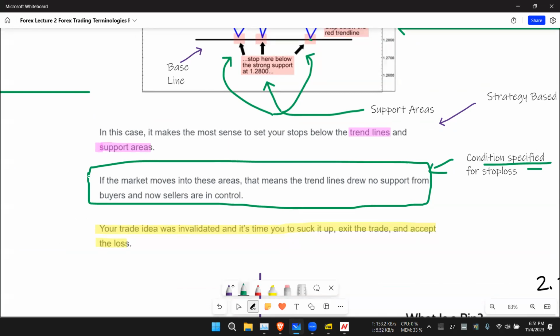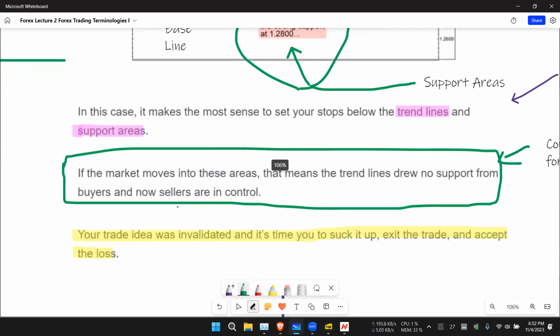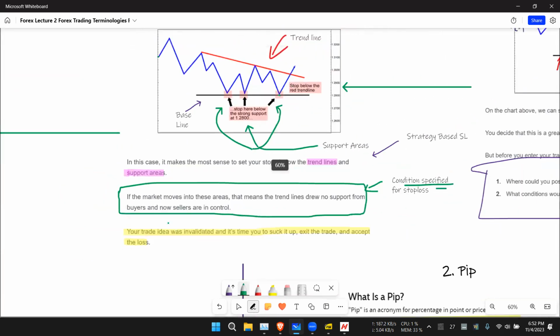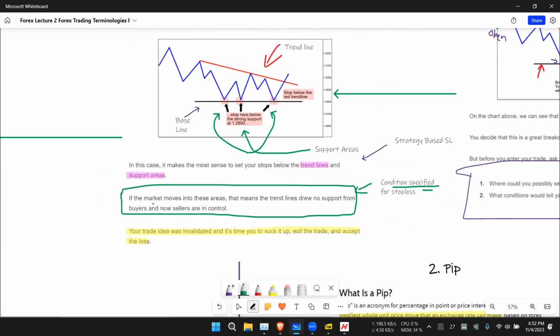We want to have a number of strategies that can help us stop our losses. So it is very crucial for traders to define first the trend lines or something like that, to help us control risk in forex trading.